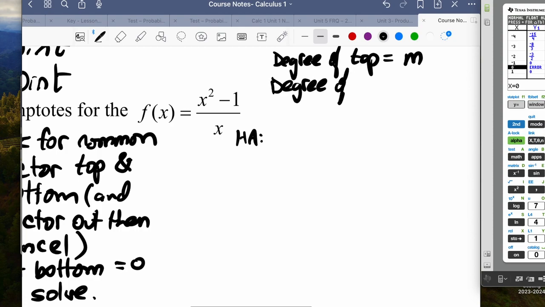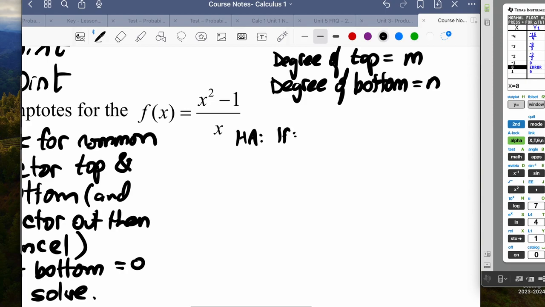Degree of bottom is equal to n. All right. You can call it whatever you want. You can call it n and d if you want. Just something that makes sense to you. But all the rules that I'm about to write relate to the characters m and n, so we're just going to do it that way.